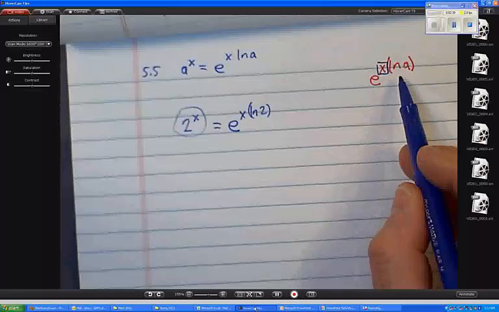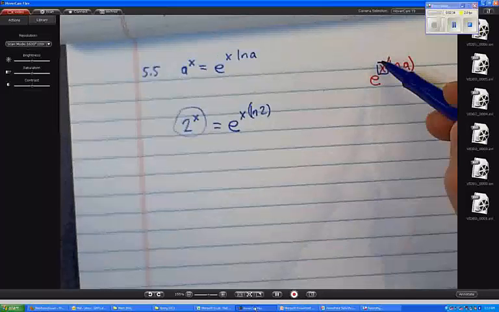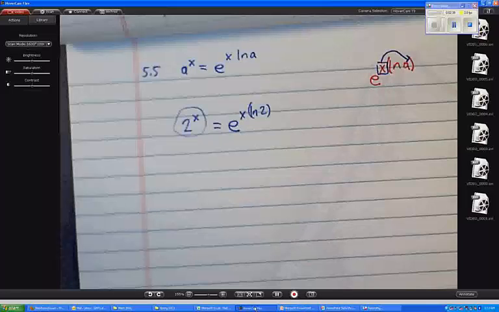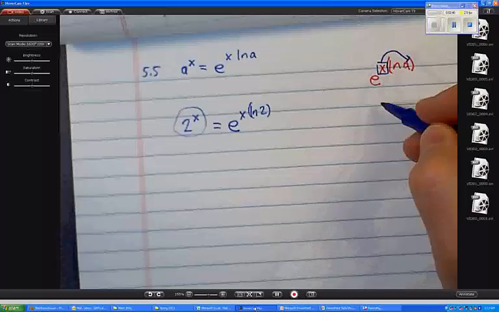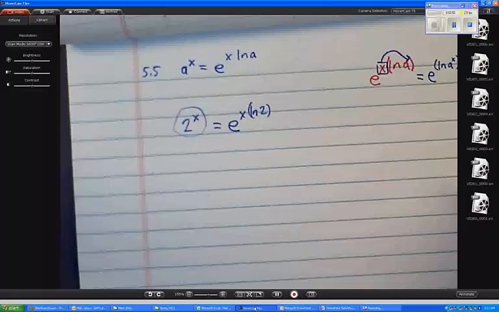So according to the log law, where can I move it? Right up there, right? And so I can write, this is the same as e to the natural log of a to the x power. Are you with me?